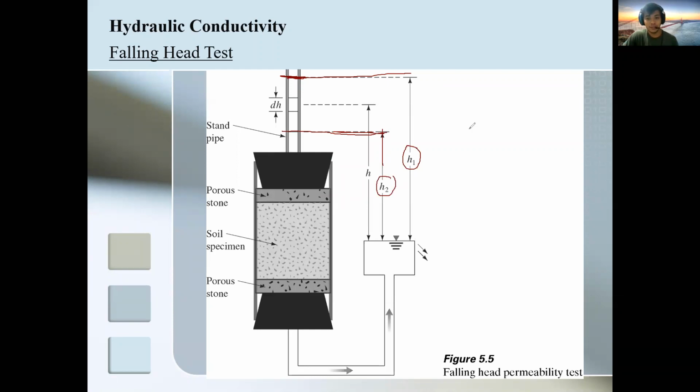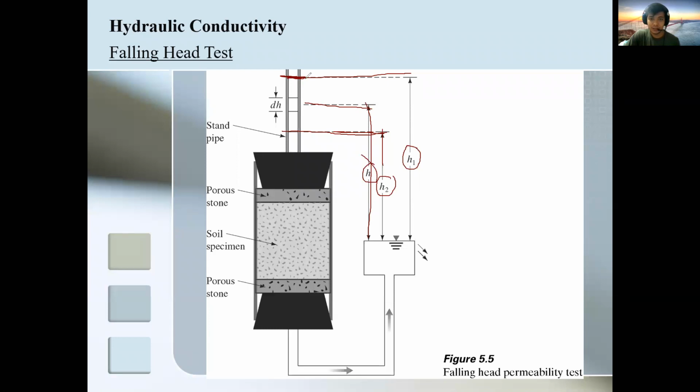Now of course, sa katong previous experiment is we can immediately determine the head loss or the delta H because the water is continuously flowing, di ba? Dire is parang hinay kaya ang flow sa water. That's why you can determine a difference in head. Kani siya H, di ba?